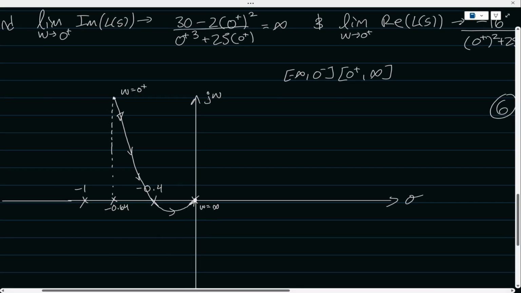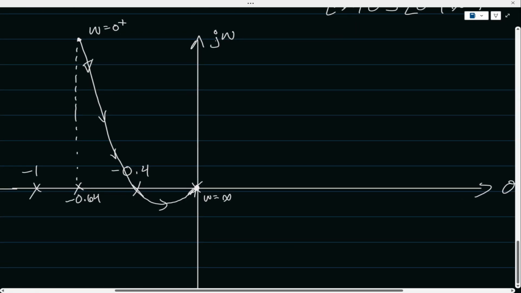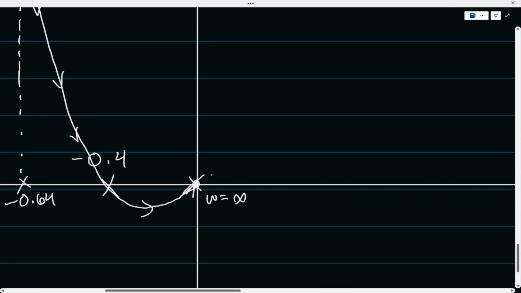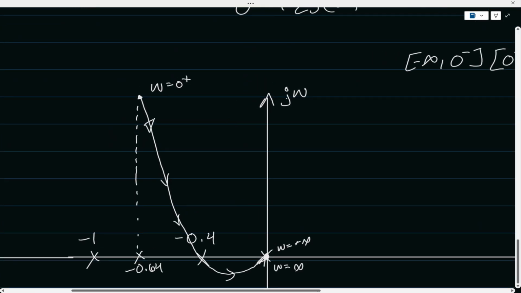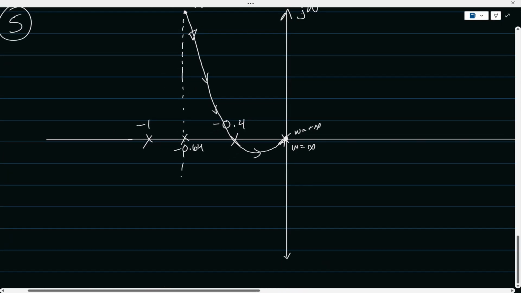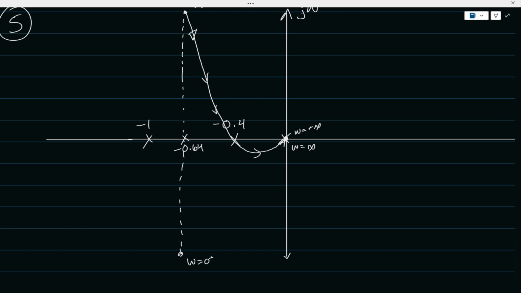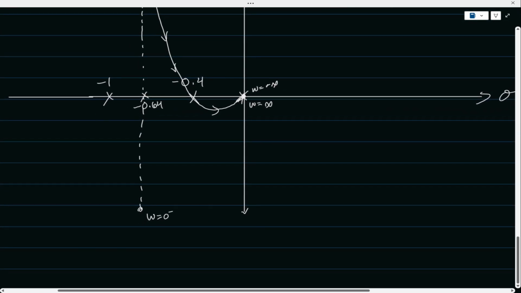And now the last step, or before last step here, is that we have to draw a reflection of this. So if omega infinity is at 0, then omega negative infinity is also at 0. But since we're at j omega equals infinity for 0 plus, then for 0 minus, we're over here.